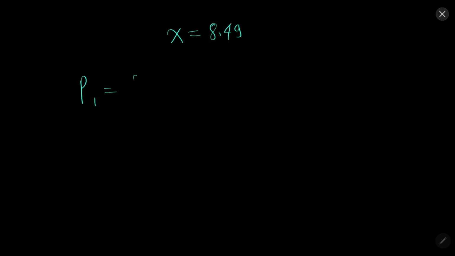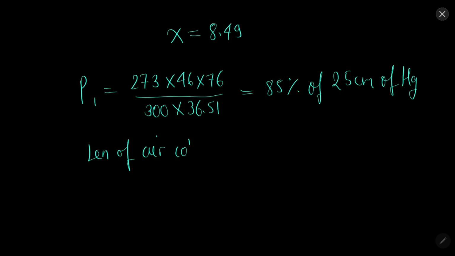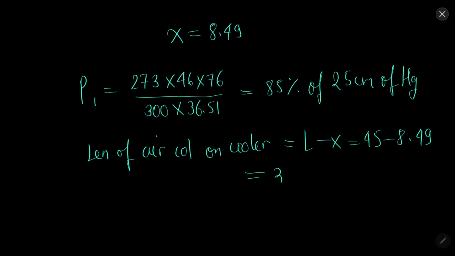So P1 will be 273 into 45 into 76 over 300 into 36.51, which is 85 centimeter of mercury column. So length of air column on cooler side will be L minus X, which is 36.51.